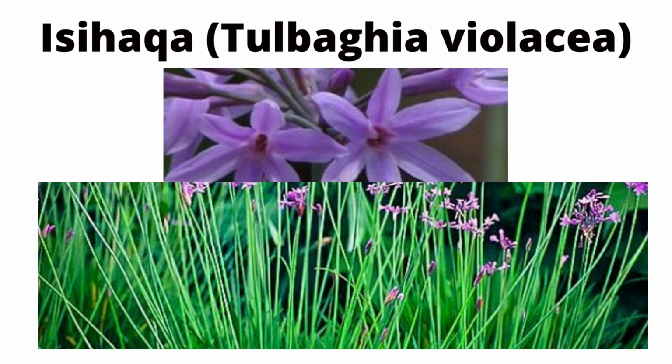It has antibacterial, antifungal, antiviral, antiparasitic, anti-cancer, anti-candida, and antioxidant properties. This type of Isihaqa can be found throughout Africa, but is mostly concentrated in the southern African region, especially in the Eastern Cape, and it tends to grow in the rocky grasslands.